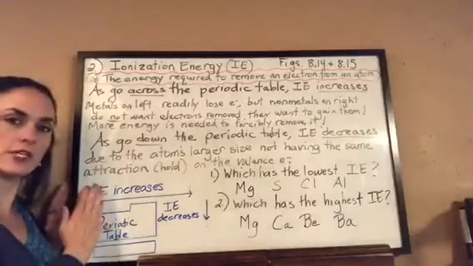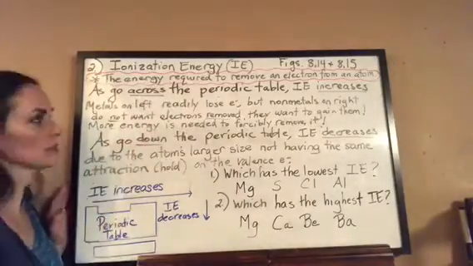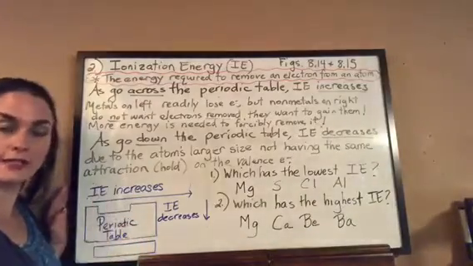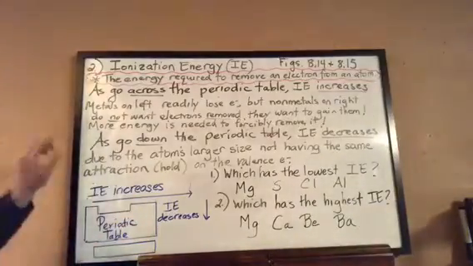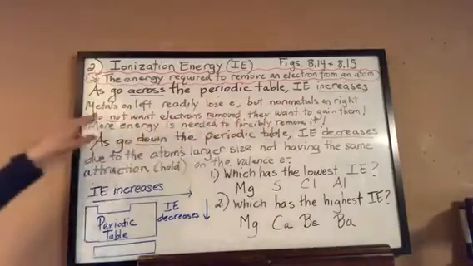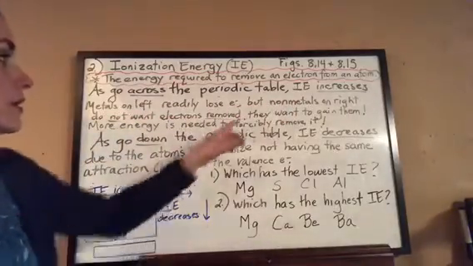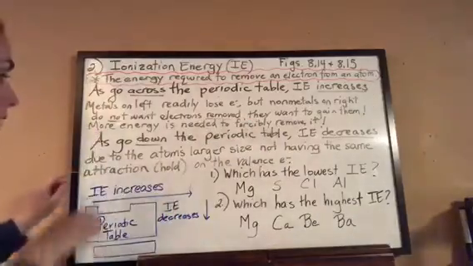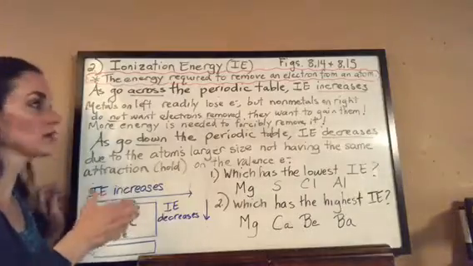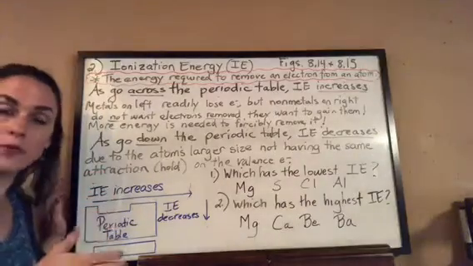So you have the metals here, which readily give up the electrons, but the nonmetals want to gain electrons. They don't want to give them up. So metals on the left readily lose electrons, but nonmetals on the right do not want electrons removed. They want to gain them. So more energy is needed to forcibly remove an electron from an atom that does not want to lose it.